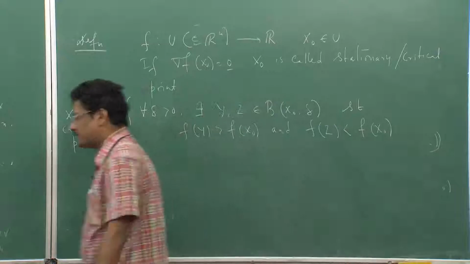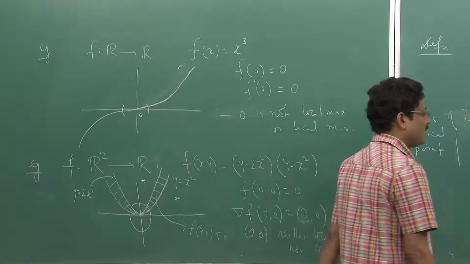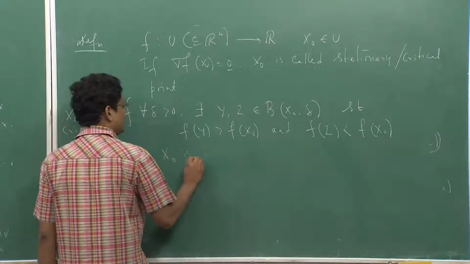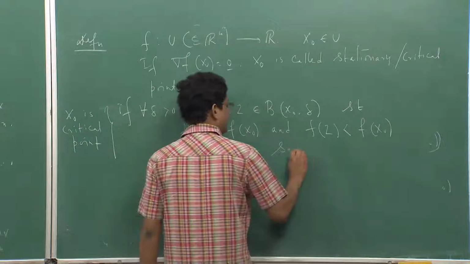So, with a condition like this, that both cases are possible, that it is neither a local maxima nor a local minima, x naught is called a saddle point.